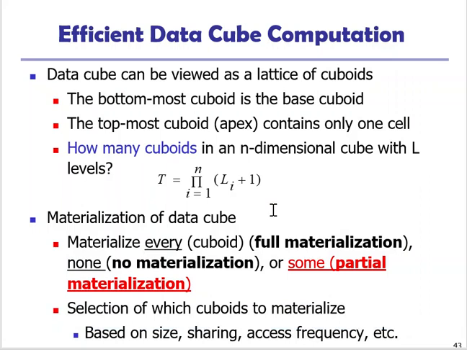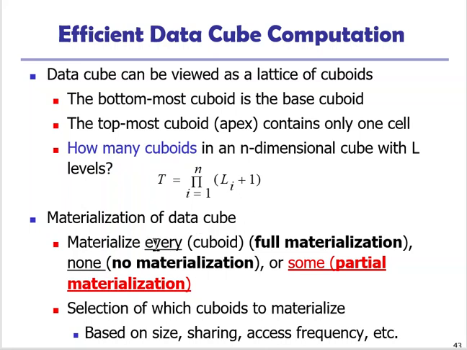So not only the base cuboid that is already there in the data cube, but also all the lower dimensional cuboids should be created to support efficient queries. However, this big T tells us that it may not be possible to materialize every cuboid within a lattice. So you have different choices.